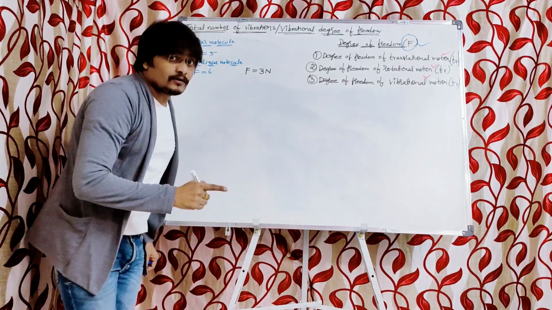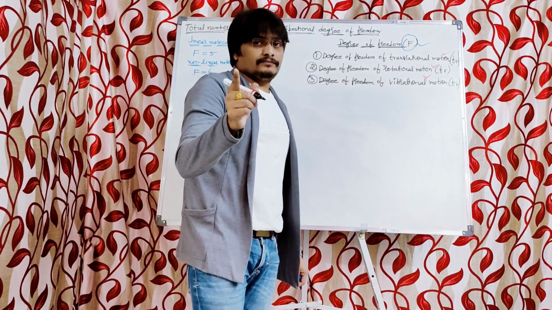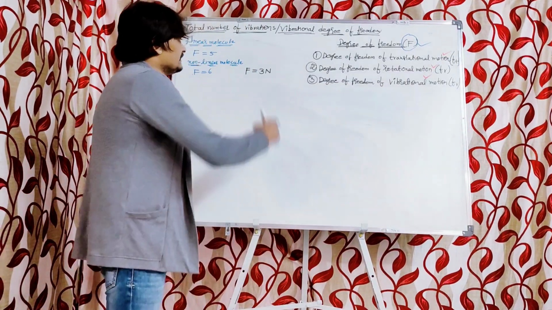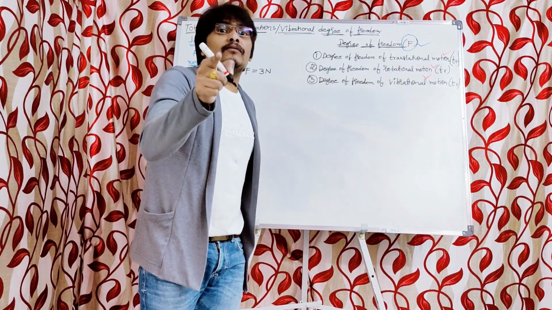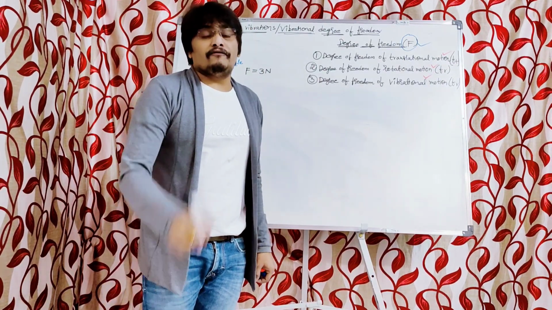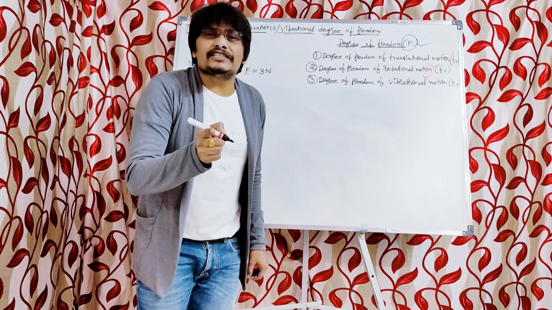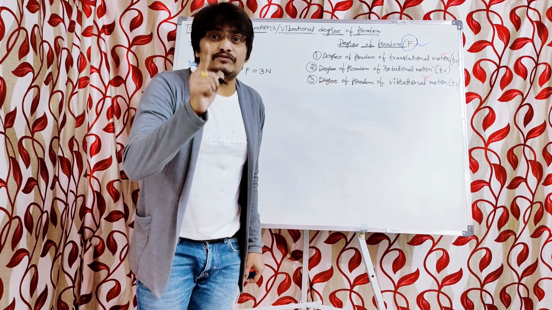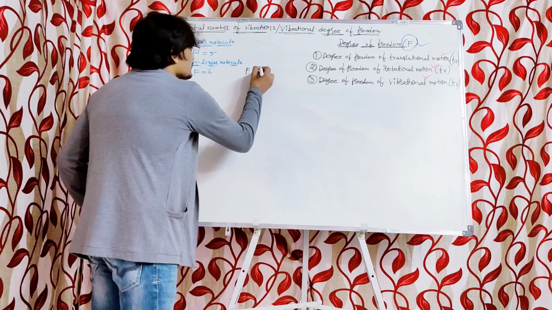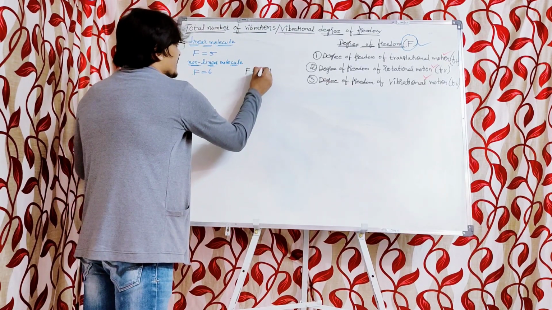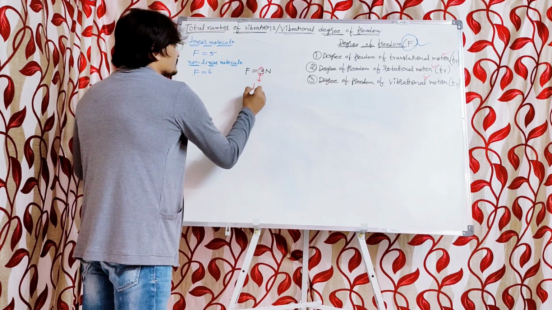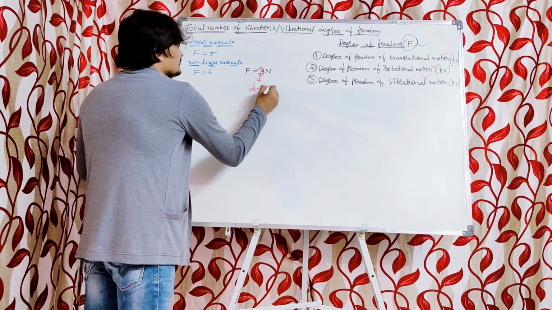What is 3? Already discussed. 3 is the number of directions in which a molecule can move freely. So basically 3 directions, x, y and z. That is the reason for 3.